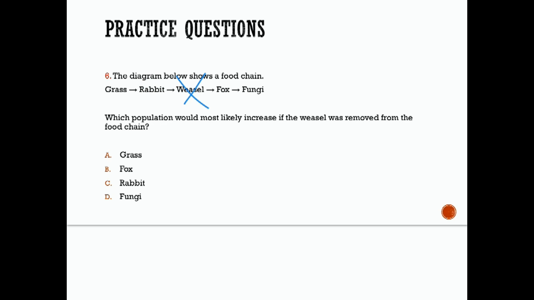The energy from the rabbit is transferred to the weasel. So if the weasel was removed from the food chain, and the weasels are the animals that eat the rabbits, then the rabbit population would most likely increase. So that is going to be C.